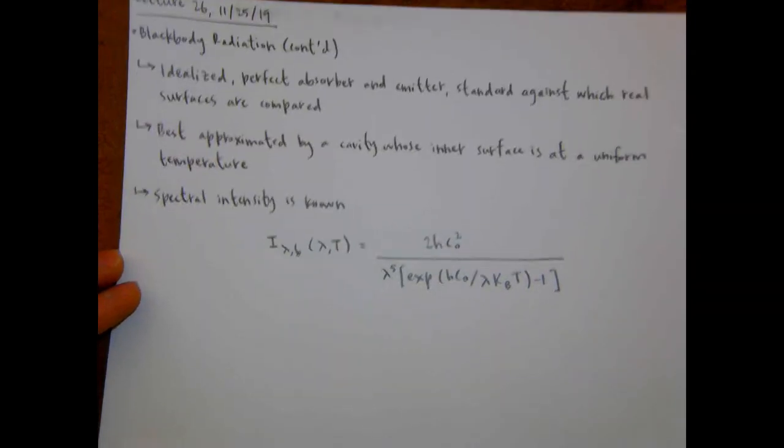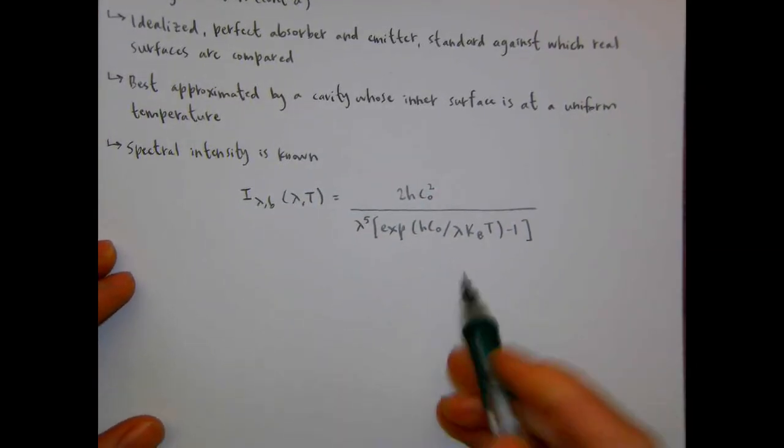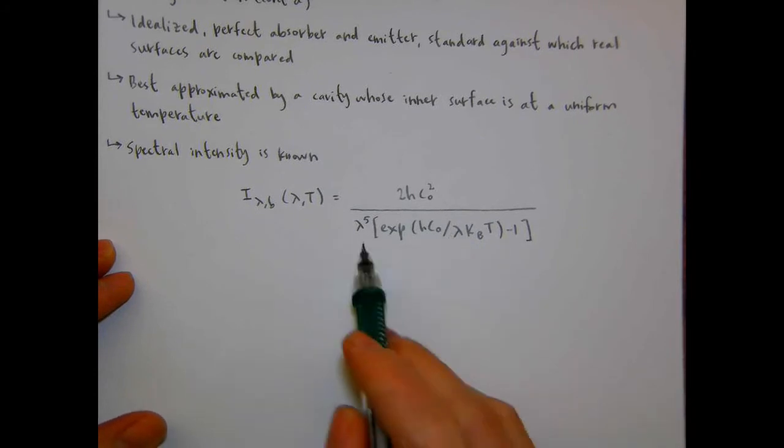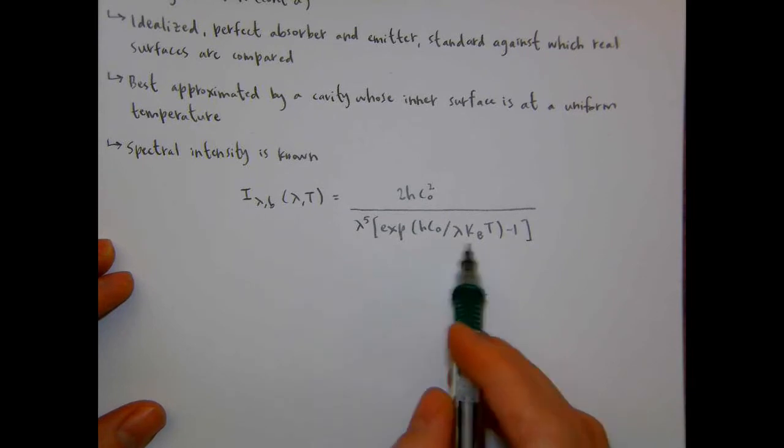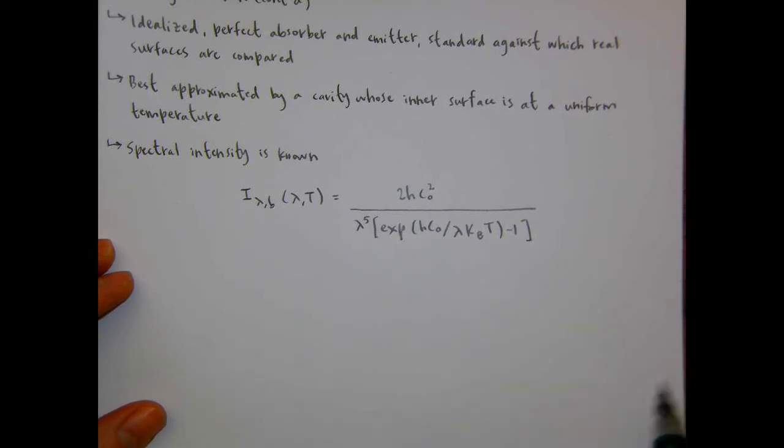The spectral intensity of a black body is 2h c sub naught squared over lambda to the fifth, times the exponential of h c sub naught over lambda k_B times T, minus 1.